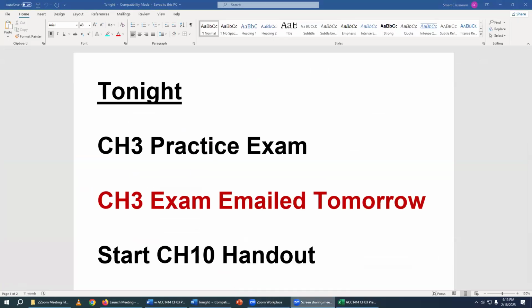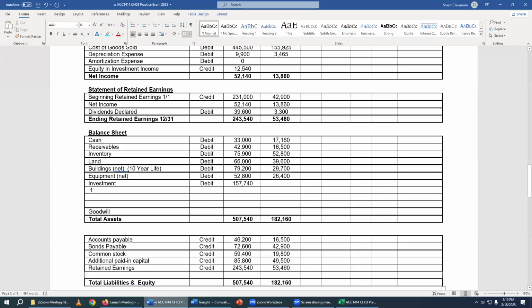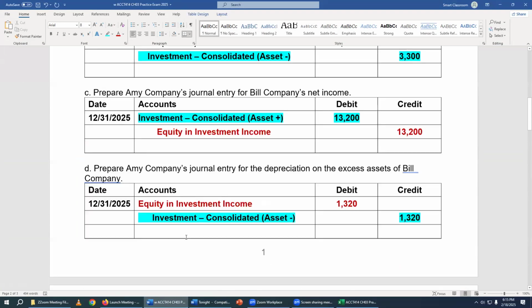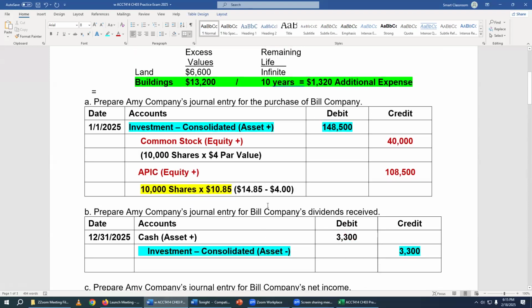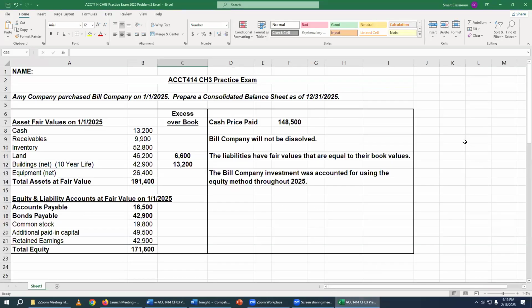Where am I at? I just want to make sure 148. I'm gonna put it over here on the side.